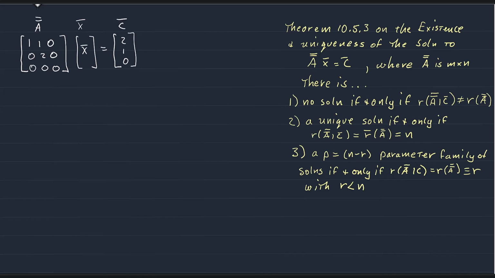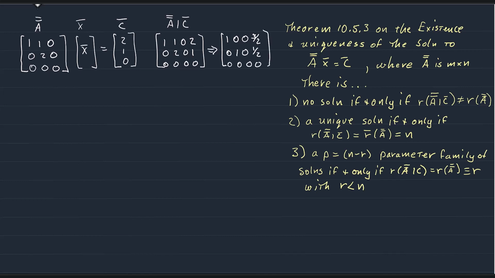Okay, so let's look at our augmented matrix and reduce that using Gauss-Jordan reduction. When we go through it, we come up with [1, 0, 0, 3/2; 0, 1, 0, 1/2; 0, 0, 0, 0].